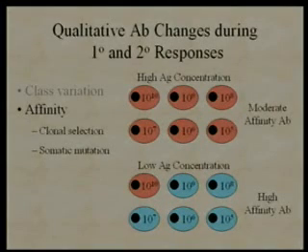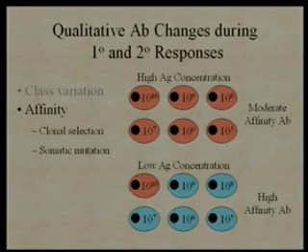Any mutation that results in an increase in the affinity of the antibodies will be selected for, particularly when the concentration of antigen is low. So those mutations that result in an increase in affinity have a selective advantage, and those are the clones that are going to be activated by the antigen. Any mutation that results in a decrease in affinity will be selected against.